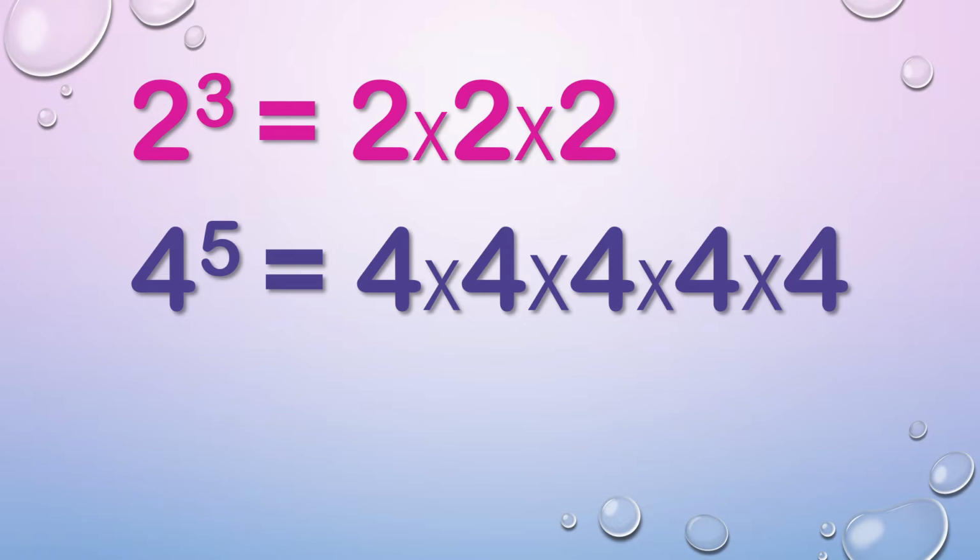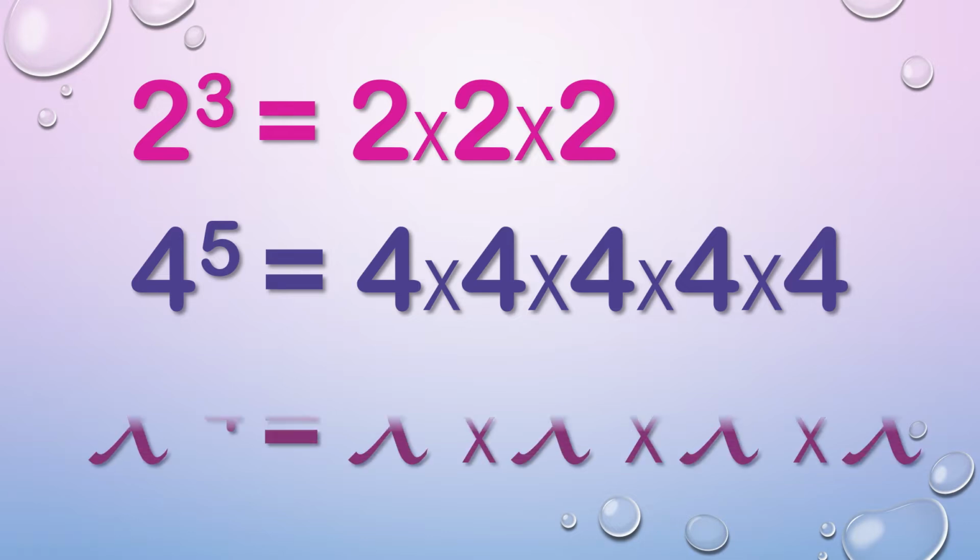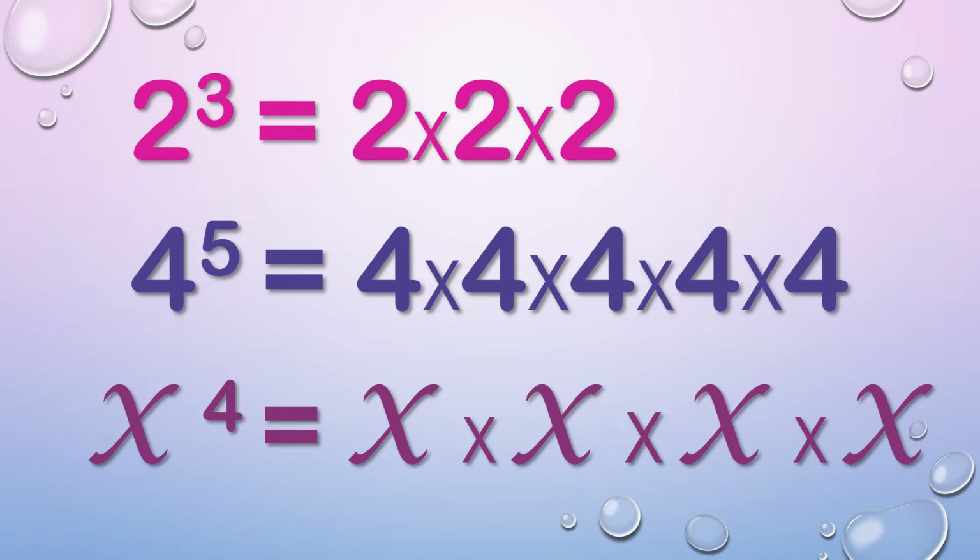So it is 4 times 4 times 4 times 4 times 4. And the third one, x to the power 4. It is x times x times x times x. Okay.